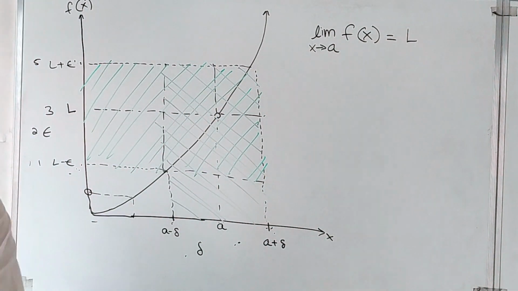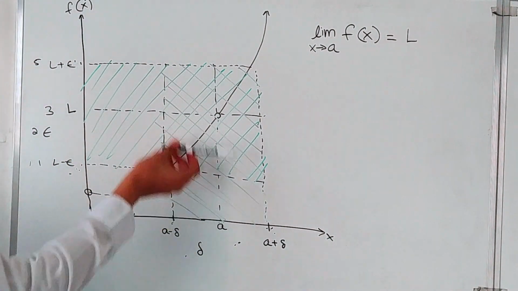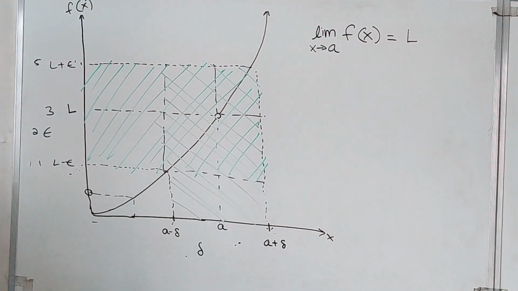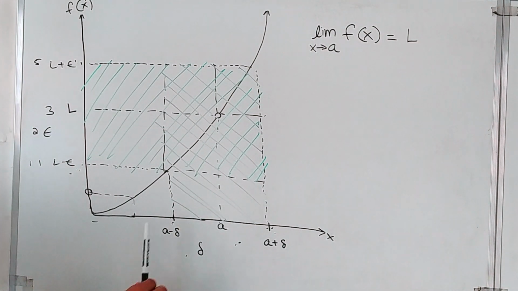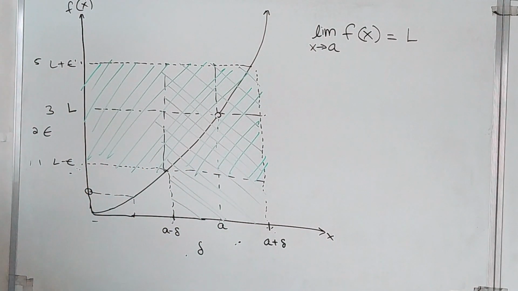So what I've done over here is hopefully given you a little visual representation. All the green lines represent the range of epsilon. And all the blue lines, and no, it doesn't really look blue because my marker is apparently out of ink. All the blue lines represent the range of delta. So, if I choose the correct range of delta, any point, x point, within this range, right over here, will have an f of x point that is within this range.